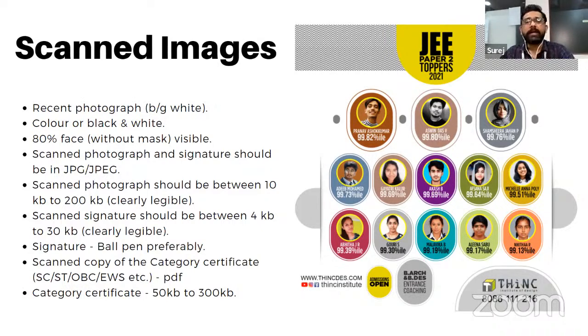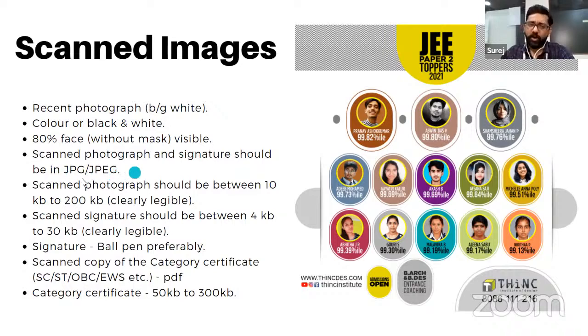And they've mentioned that the background is expected to be white. So please ensure that that is maintained. You can either use a color photograph or a black and white photograph. At least 80% of your face has to be visible. Please do not use a mask to take the photograph and upload it. That would be rejected straight away.